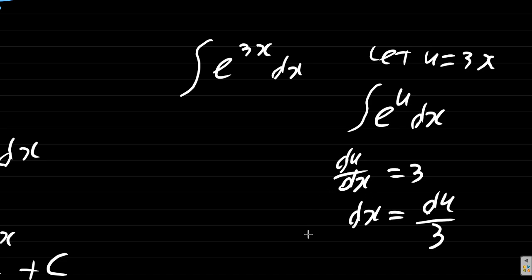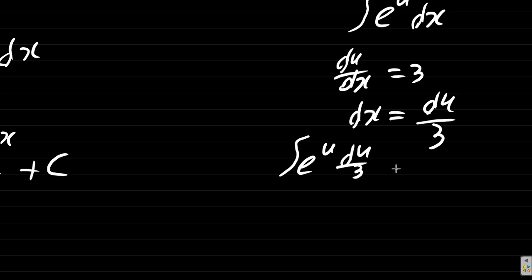Now you have a du. So what you have is the integral of e to the u du over 3. So this is equal to 1/3 integral of e to the u du. Alright? And when you integrate e to the u with respect to u, you get e to the u.